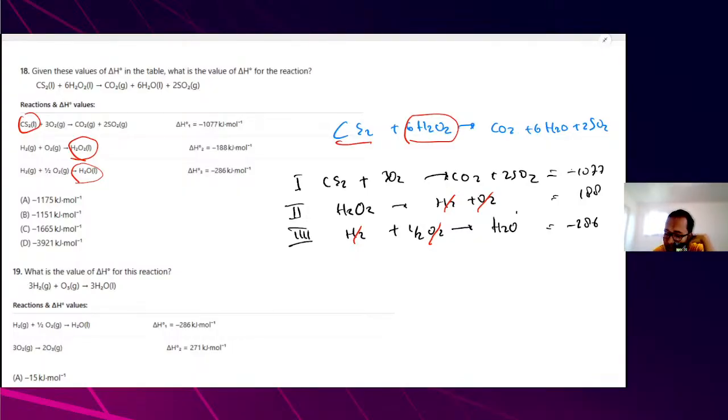Because the target reaction contains 6 H2O, we can put 6 over here, and then 6 over here, and then we can times 6. Okay, times 6. How about the other H2O? H2O also 6.